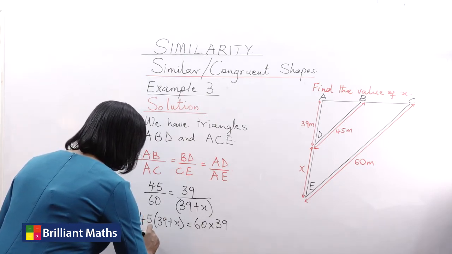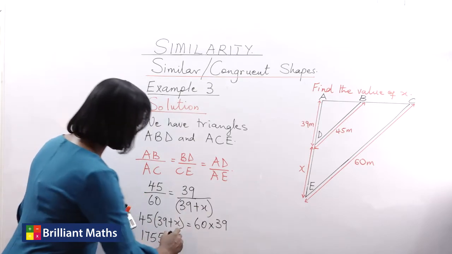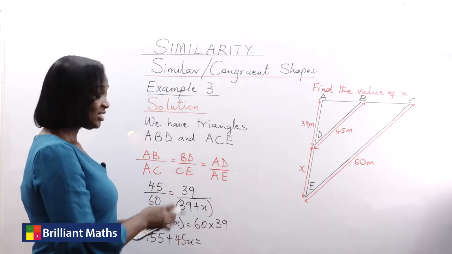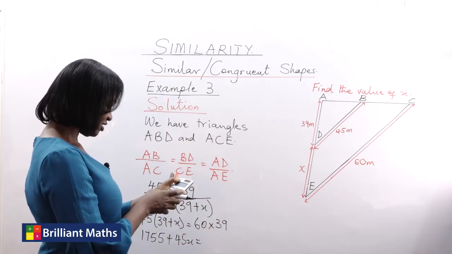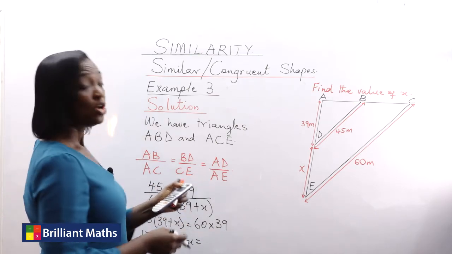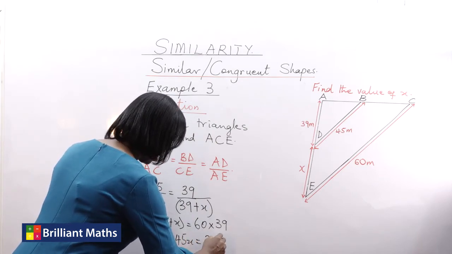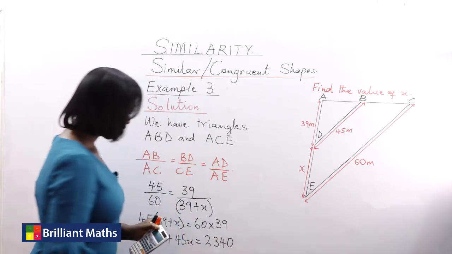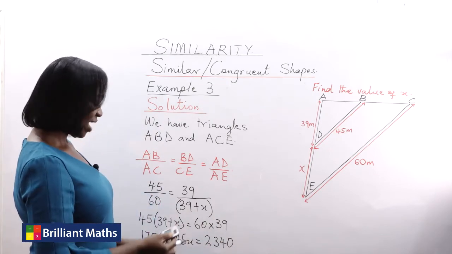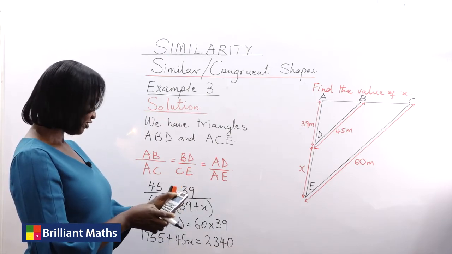So 1,755 plus 45 times x, 45x, is equal to 60 times 39. 60 times 39 will give us 2,340. So that means that 45x is equal to 2,340 minus 1,755.